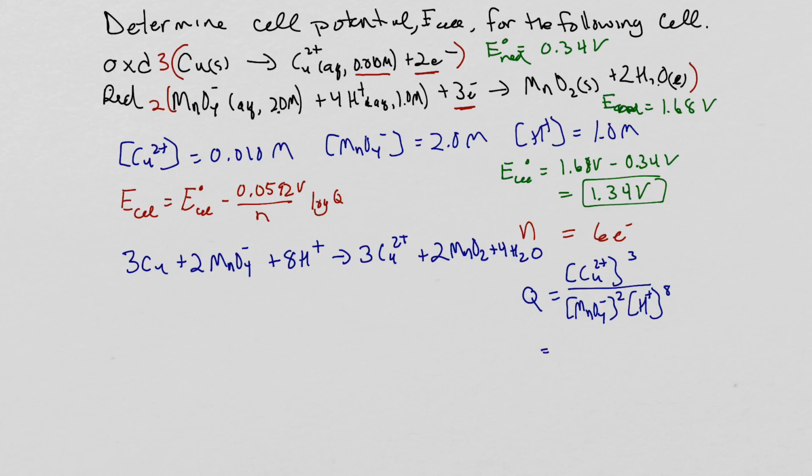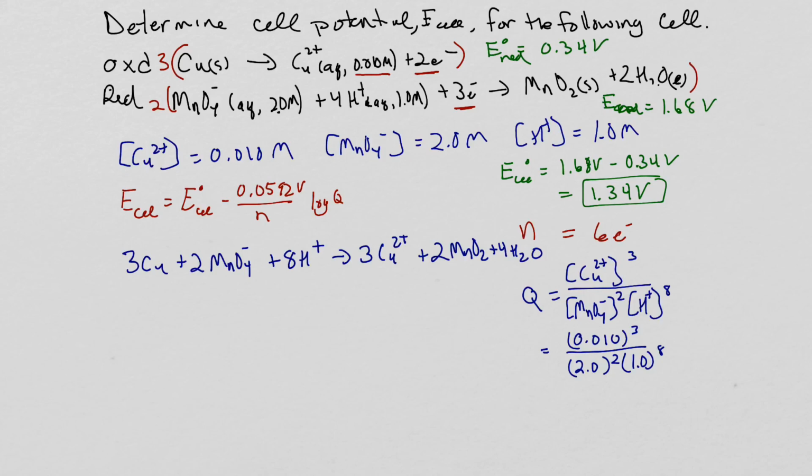So if we plug this in, the copper equals 0.010 cubed over 2 squared, 1.0 to the 8th power.